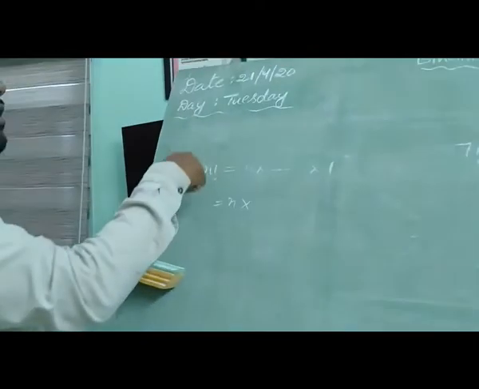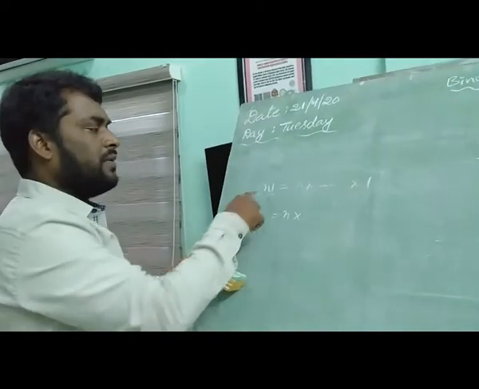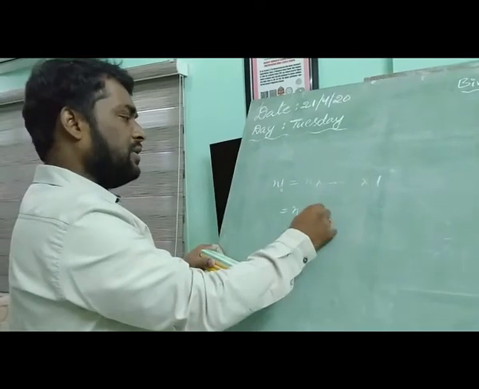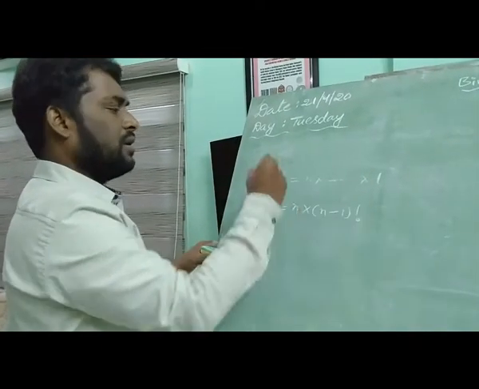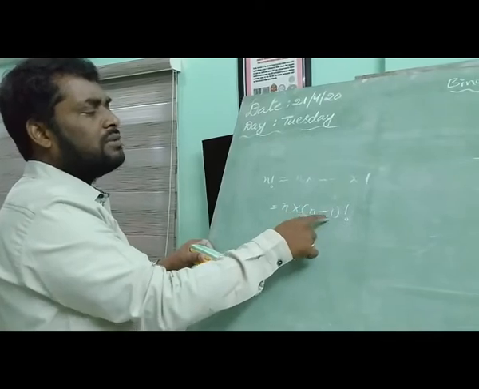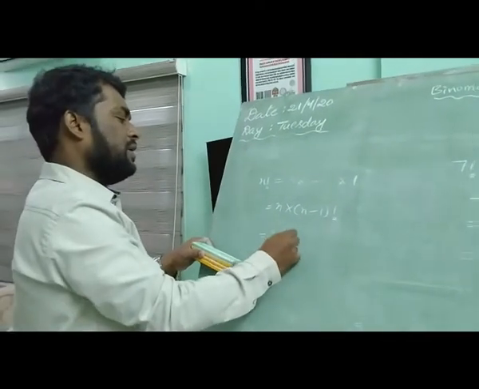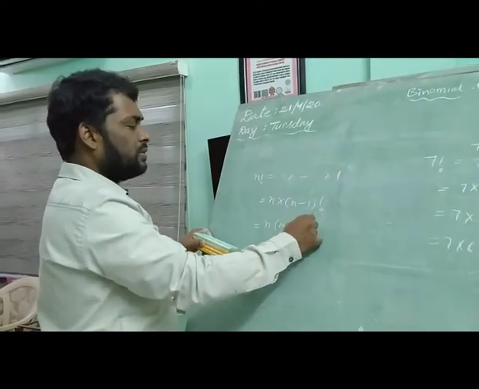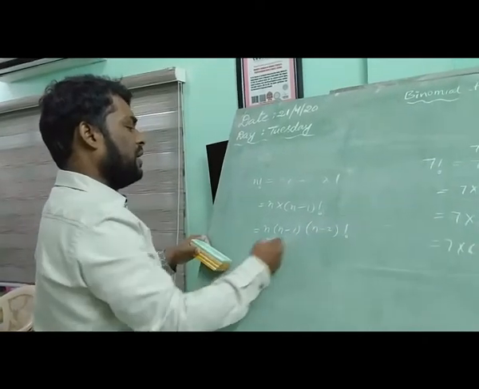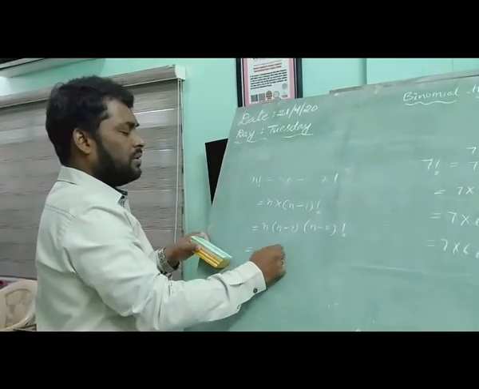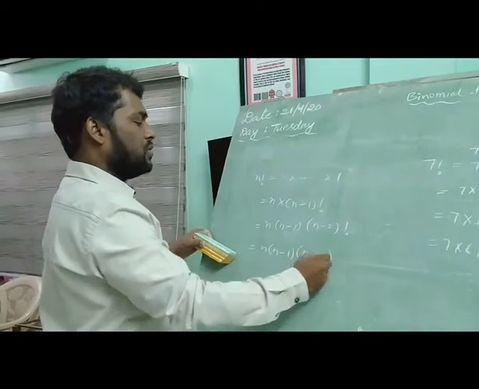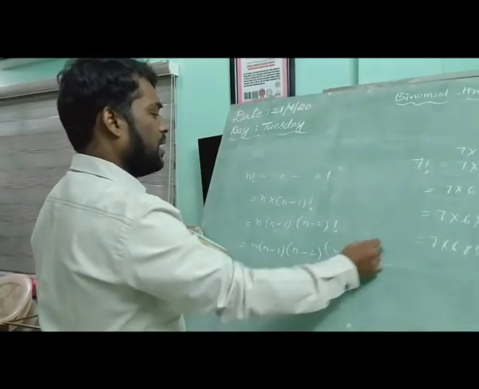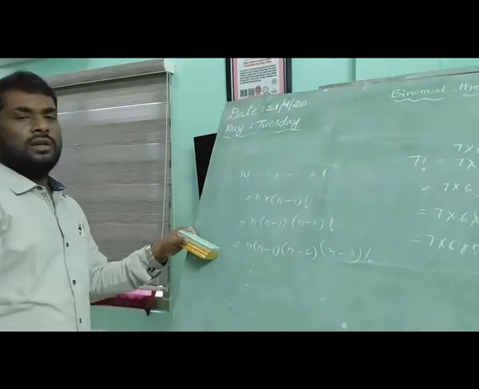Now tell me, how do you express n factorial? N factorial can be written as n into n minus 1 factorial. Again this can be written as n into n minus 1 into n minus 2 factorial. Again n into n minus 1 into n minus 2 into n minus 3 factorial. Like this you can express in many ways.